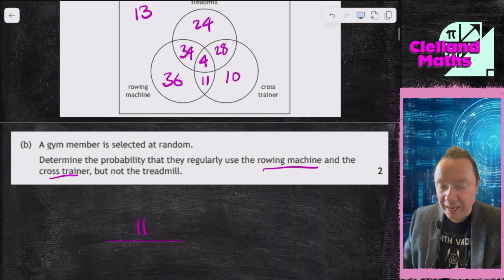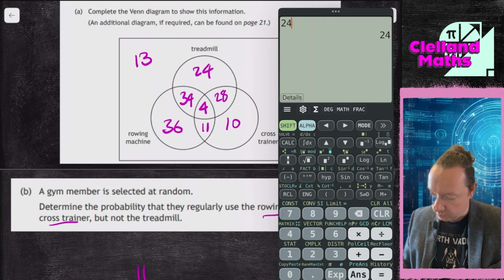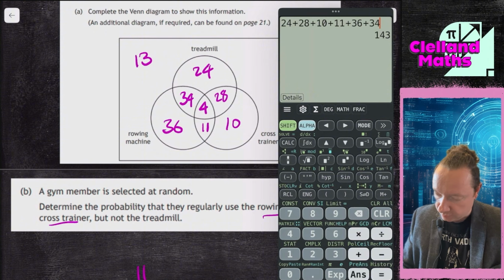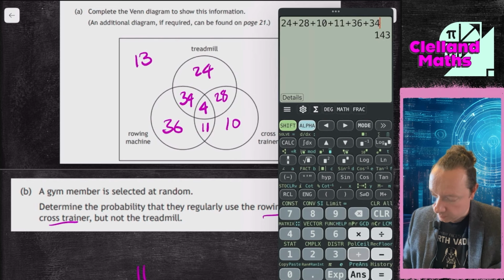And my bottom number is 24 plus 28 plus 10 plus 11 plus 36 plus 34. So if you've went around the way I've just done, you've done all of these ones here, and you've missed the 4 in the middle.